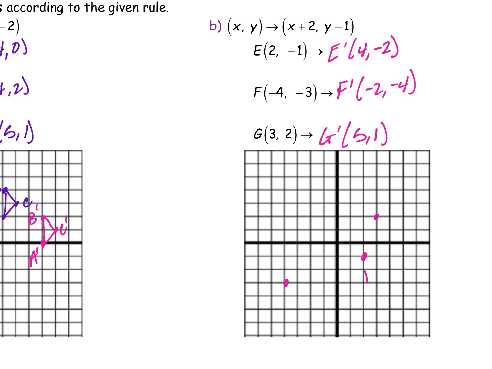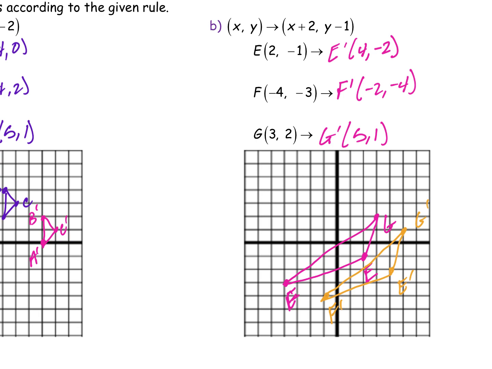That's E, F, and G. So 4, negative 2 is E prime. Negative 2, negative 4 is F prime. And 5, 1 is G prime. So there's our 2 triangles. You okay so far? Not too bad.